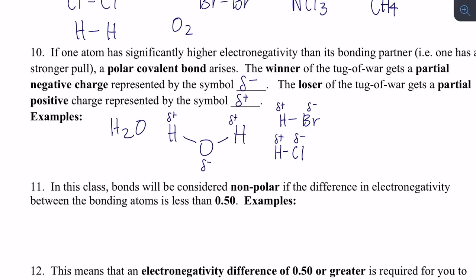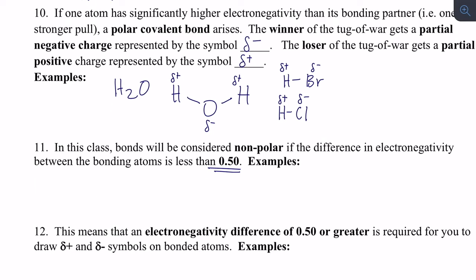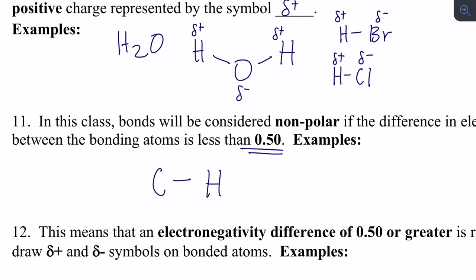In this class, bonds will be considered nonpolar if the difference in electronegativity between the bonding atoms is less than 0.5. So for example, if we looked at carbon and hydrogen. Carbon has an electronegativity of 2.5 and hydrogen has an electronegativity of 2.1.